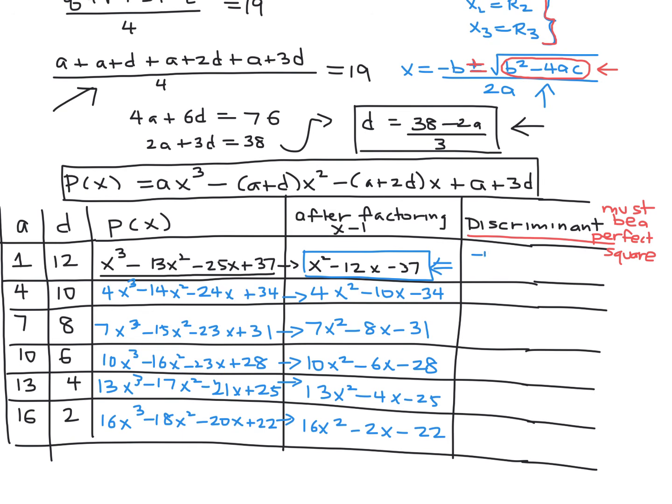It would be minus 12 squared minus 4 times 1 times minus 37, right? That comes to 292. In a very similar way, these calculations will be 644, 932, 1156, 1316, and 1412. But we want it to be a perfect square. The only one of those that's a perfect square is this one right here.